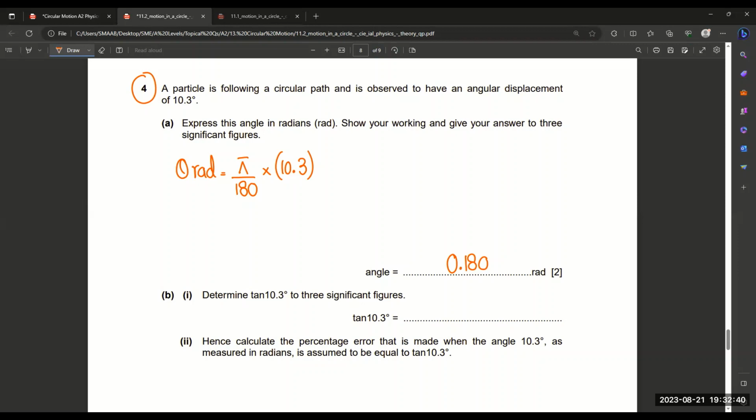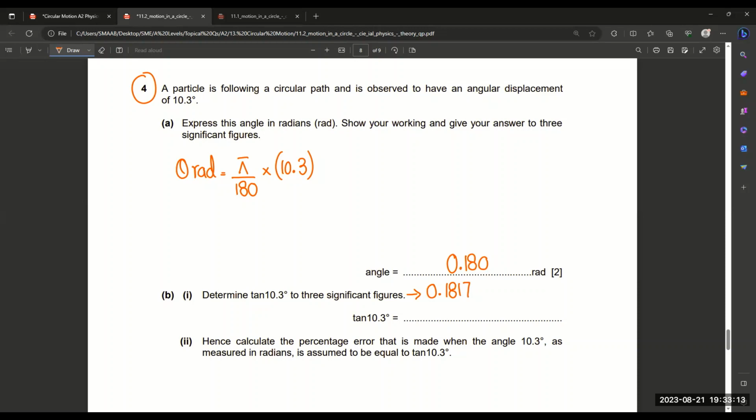We just calculate first the value of sin 10.3. So it is equal to 0.1817. Maybe your calculator is set to other units, so check that.